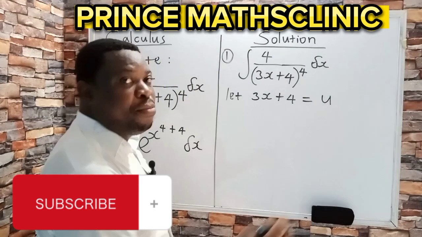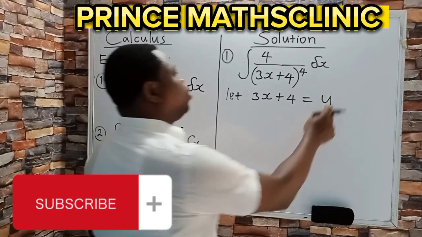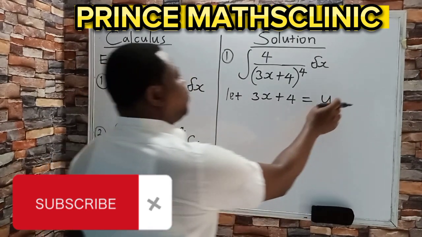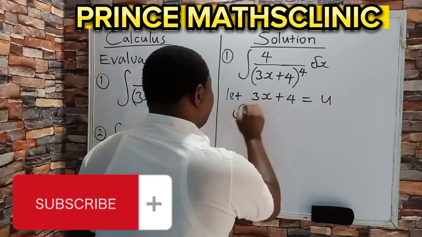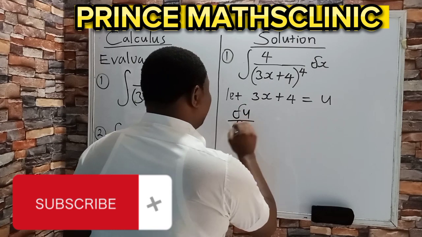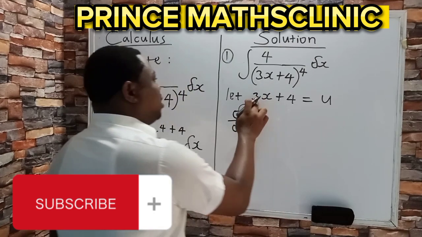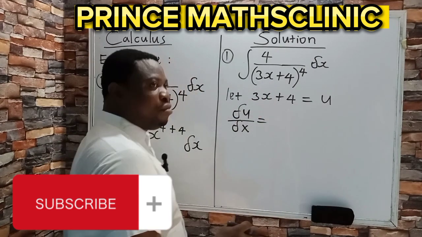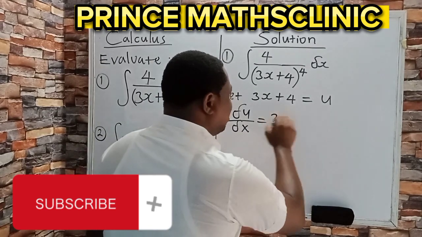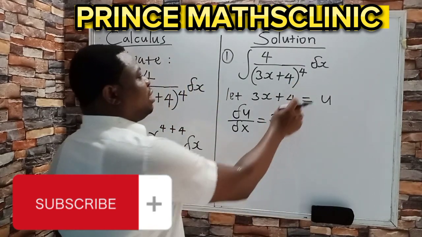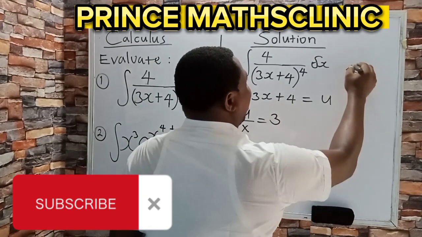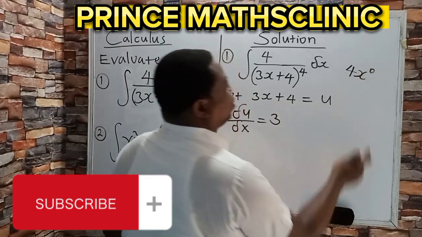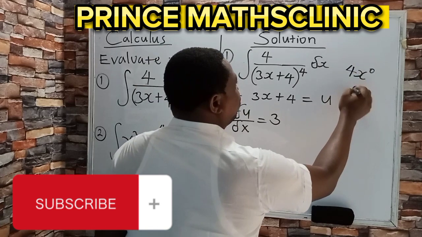For instance, you can put any letter you like, but I choose to use u. So I want to differentiate u with respect to x. If I say du over dx, differentiating 3x, I get 3. And if I differentiate a constant, I get 0, because the power of x in a constant is 0, so 0 times 4 is 0.